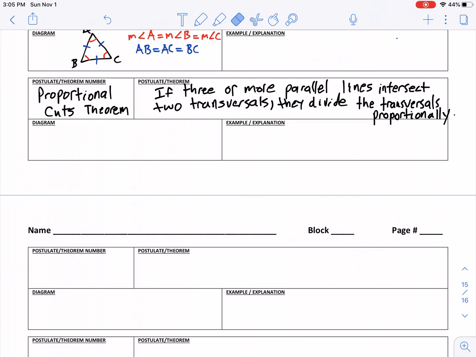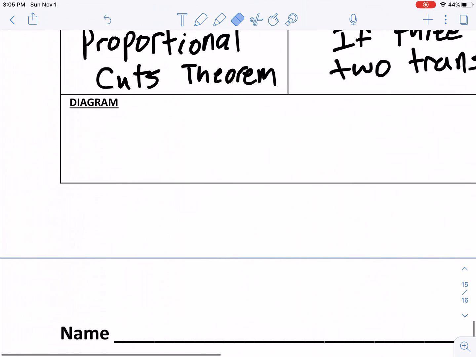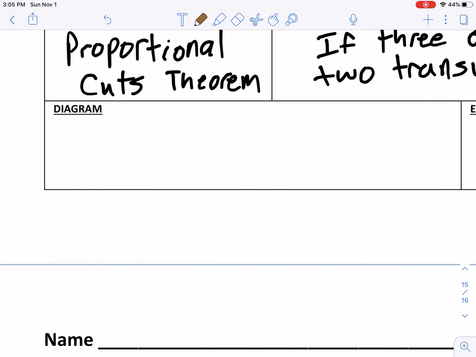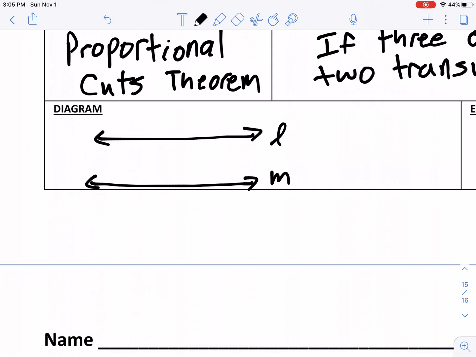For instance, maybe I have parallel lines. Let's call this L, M, and maybe N. And they cut these two transversals, this guy and maybe this guy.